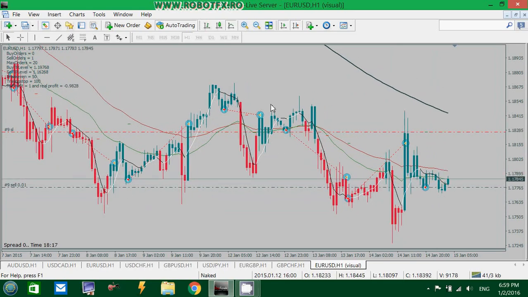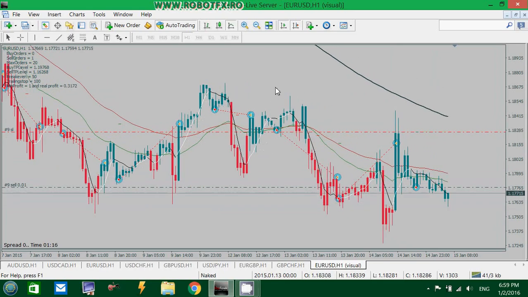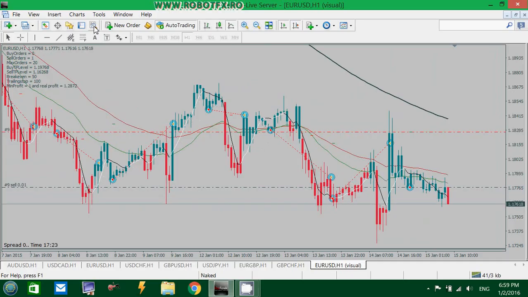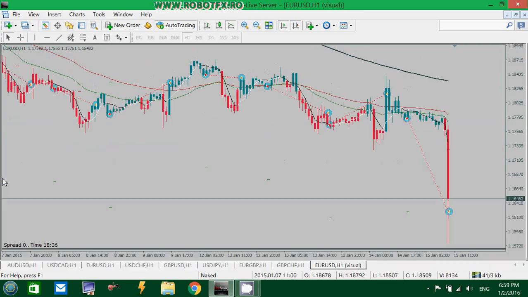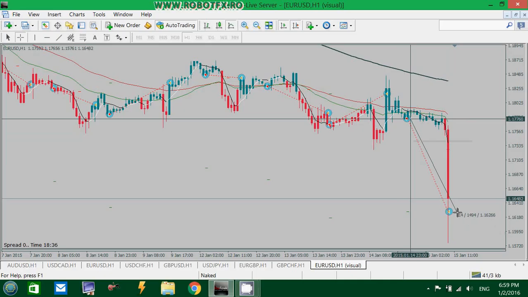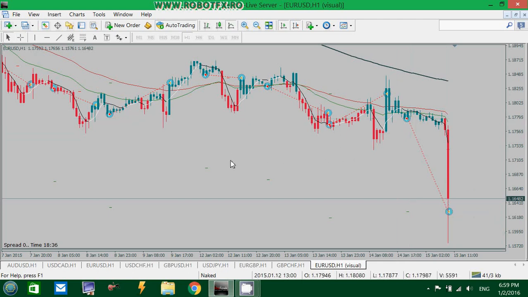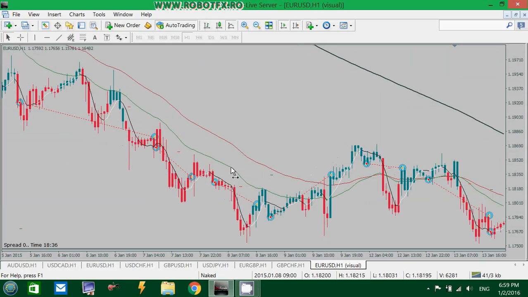Sorry. 15th January. Okay, so we close here. Stop. Another win. Take profit 150 pips, as it was set, and it remains set in the Expert Advisor default settings.